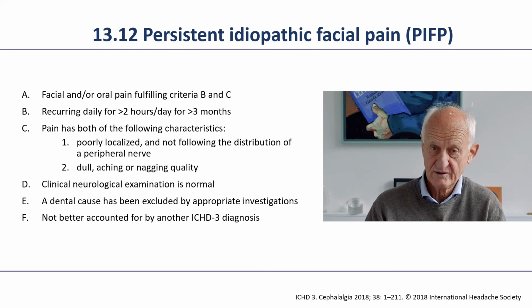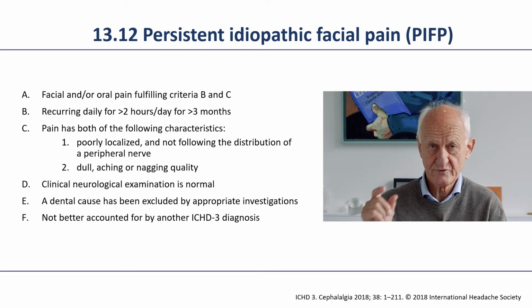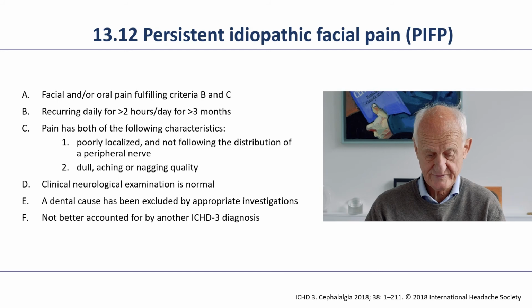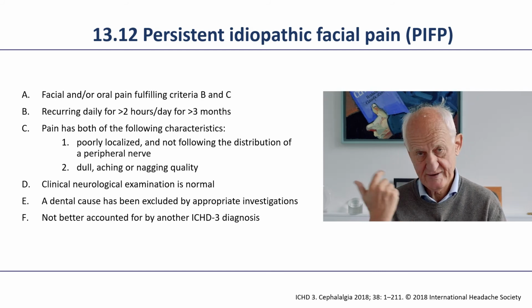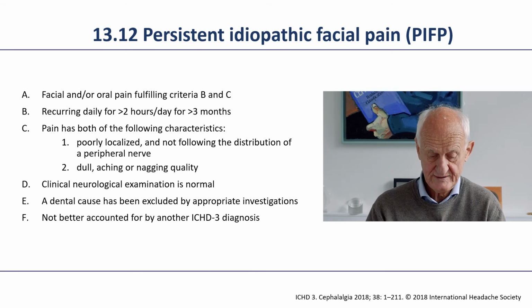It's poorly localized and doesn't follow the distribution of a branch of the trigeminal nerve. And in contrast to trigeminal neuralgia, the pain is dull, aching, or nagging in quality. The clinical neurological examination is normal, and the dental examination does not reveal any cause of this syndrome.